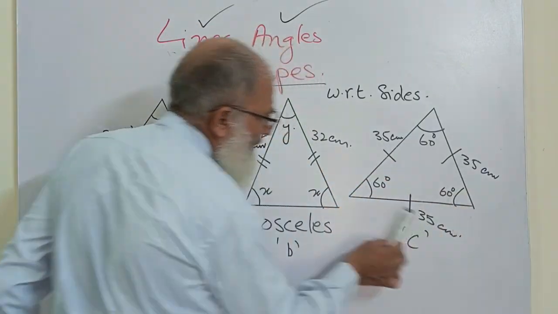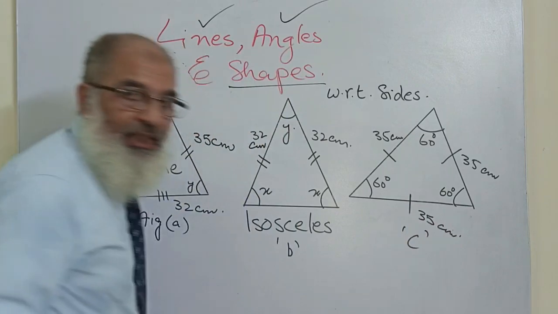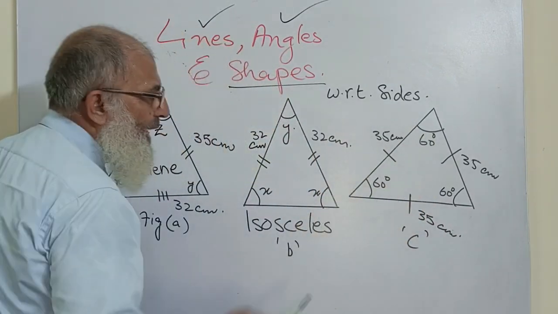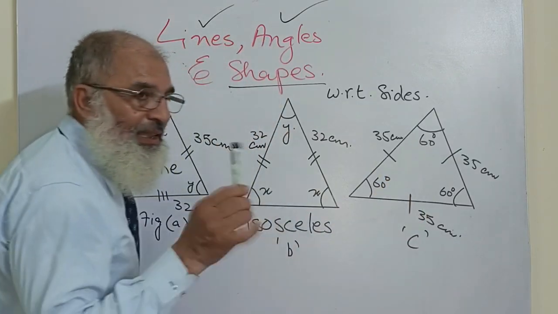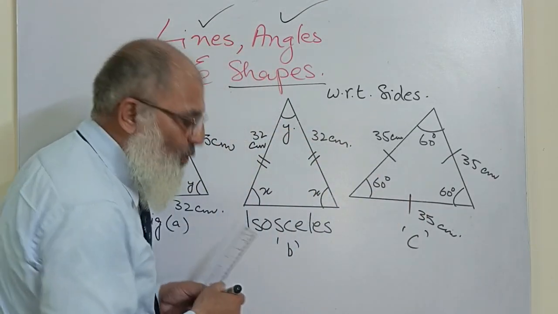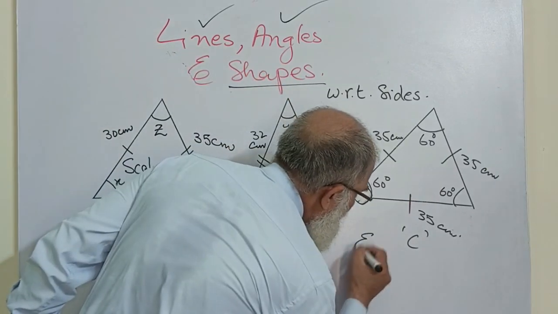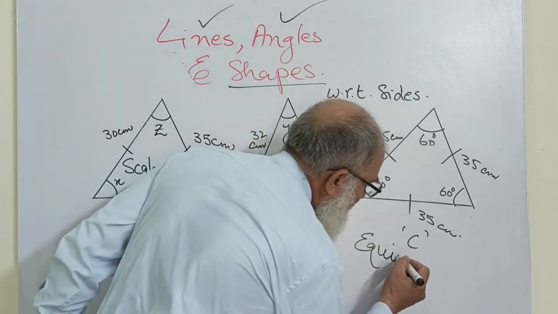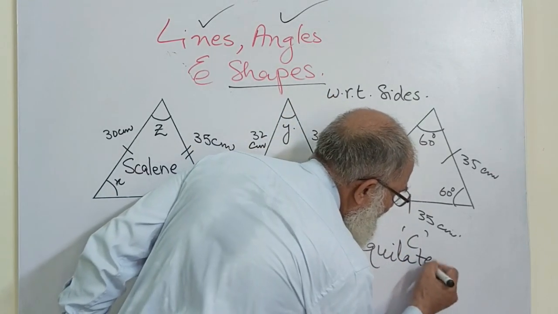All the three sides and all the three angles are equal, and the only angle is 60 degrees, which is an equilateral triangle. Now this is an equilateral triangle.